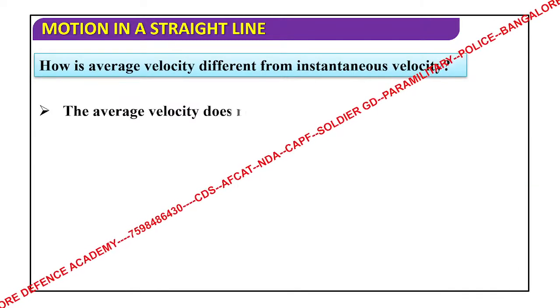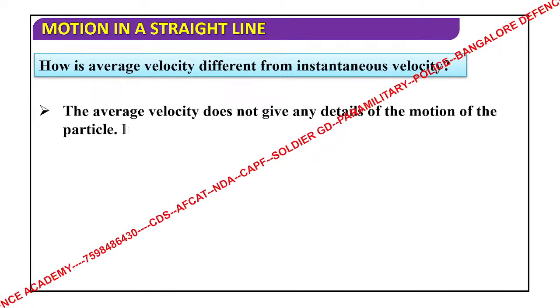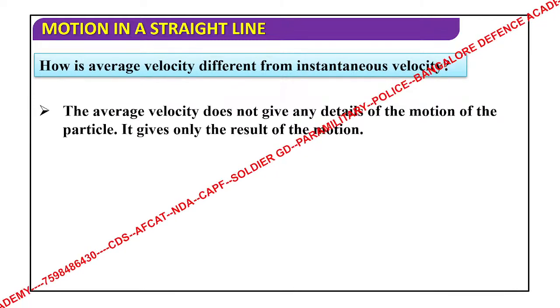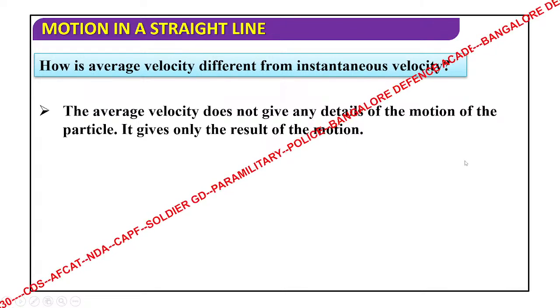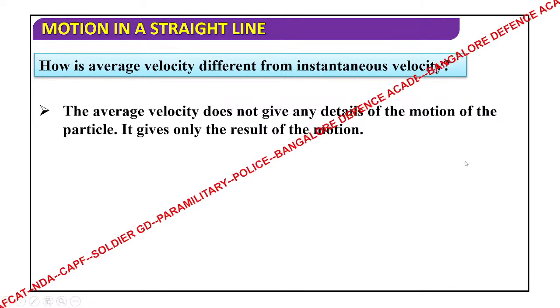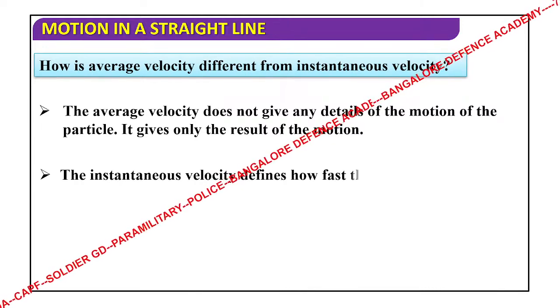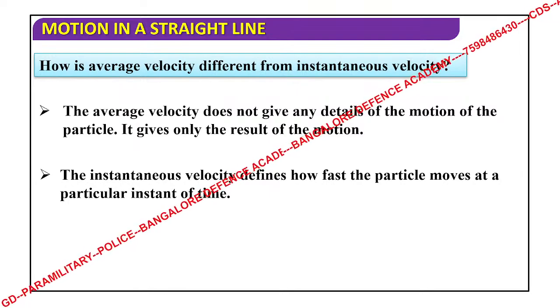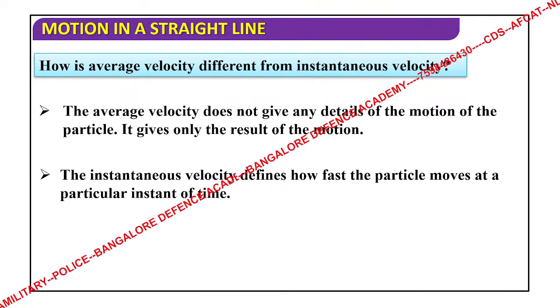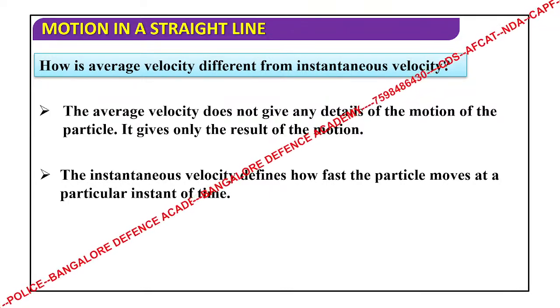So how is average velocity different from the instantaneous velocity? The average velocity does not give any details of the motion of the particle. It gives only the result of the motion. The instantaneous velocity defines how fast the particle moves at a particular instant of time. So try to understand it. Now we'll try to solve some MCQs.